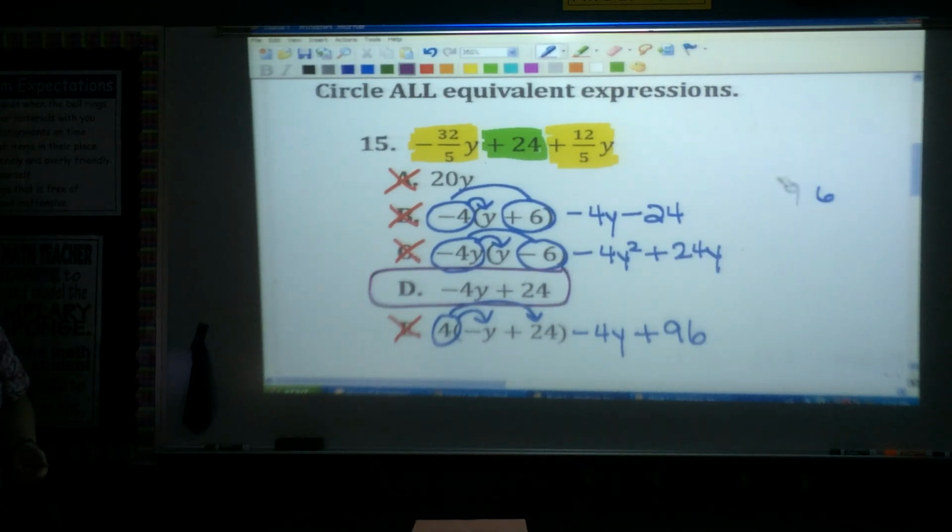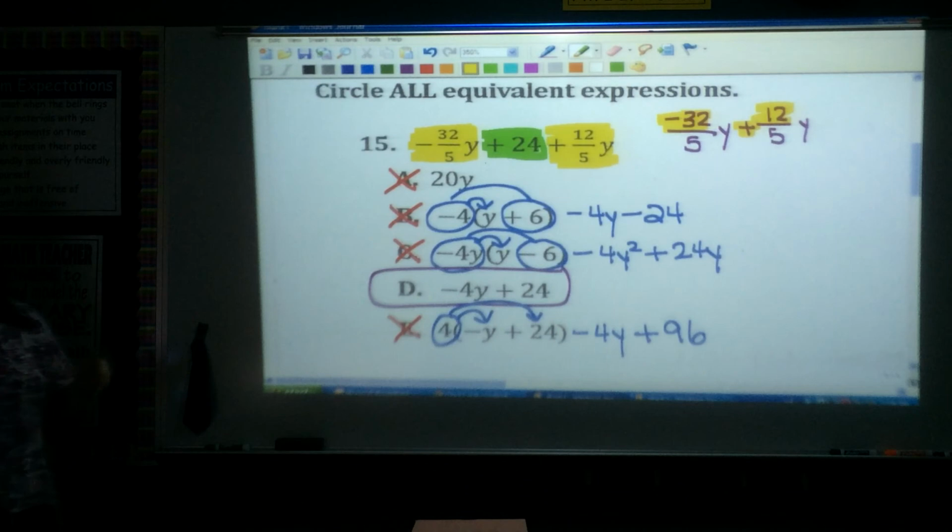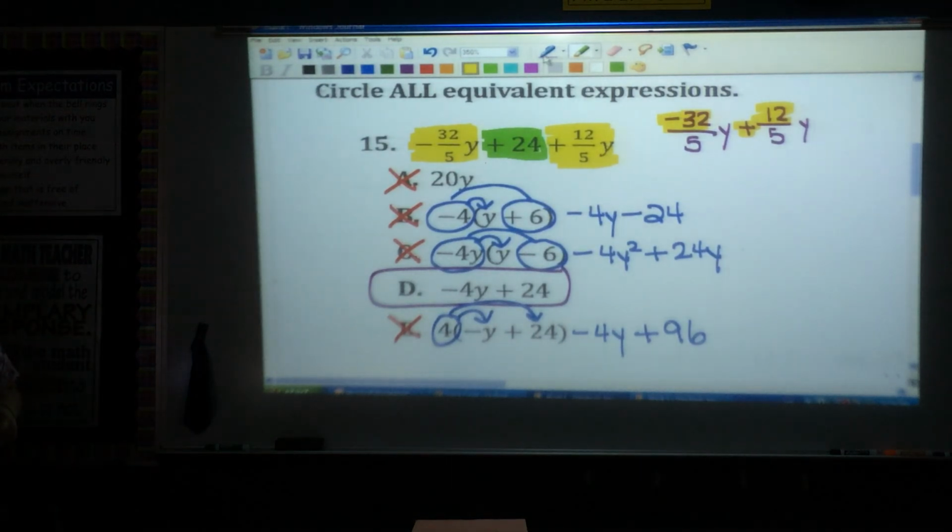Now, if you're someone who, from the beginning, combined your like terms, what you should have done is you would have had negative 32 over 5y plus 12 over 5y. Negative 32 plus 12. The signs are different, so we have to subtract those.